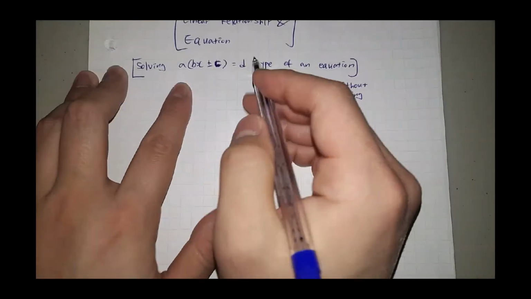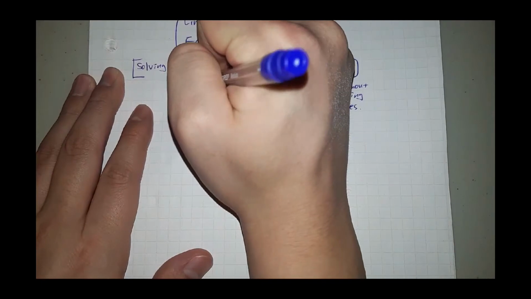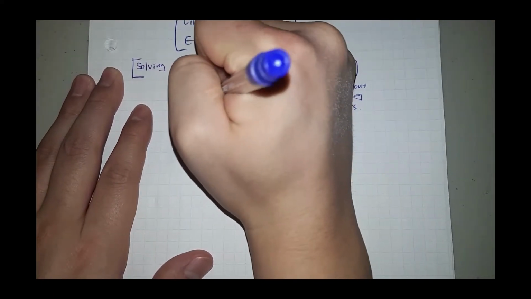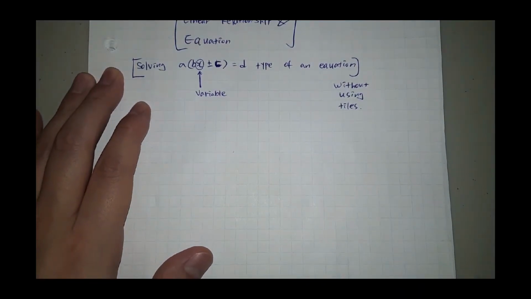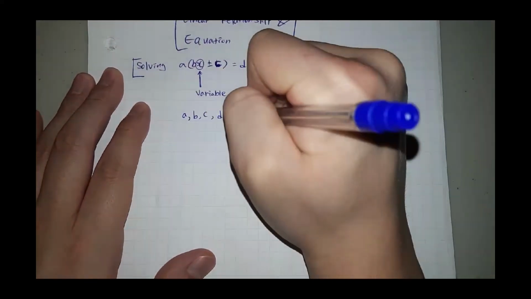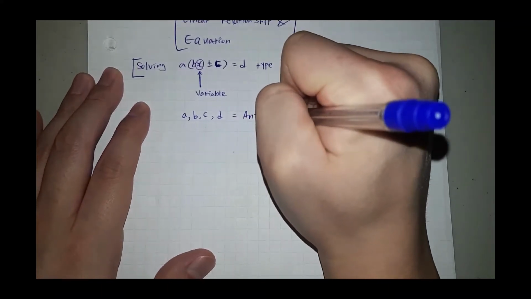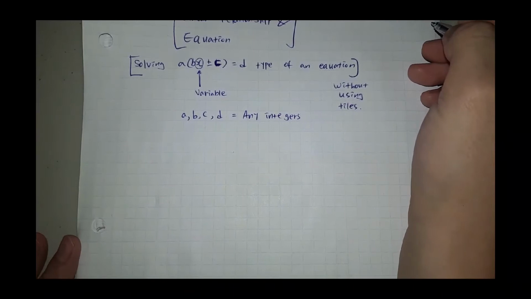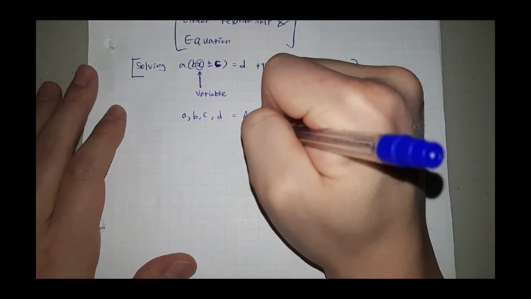When you see this expression, x is any type of variable. To be fair, it can be any alphabet letter too, like A, F, G, whatever. A, B, C, and D can be any integer, generally other than 0.